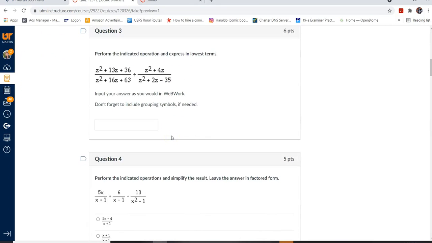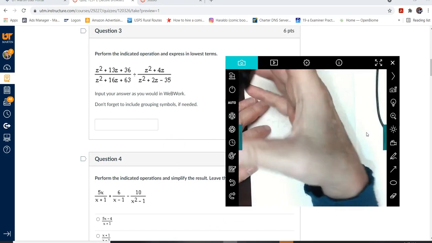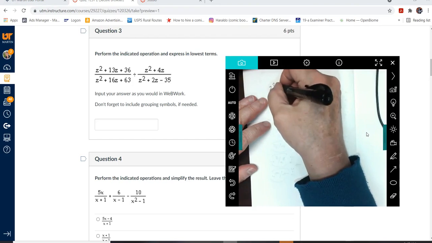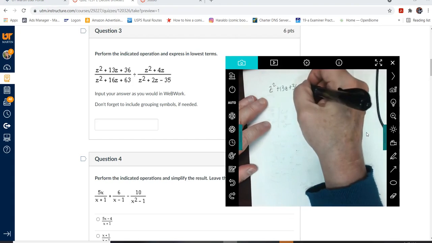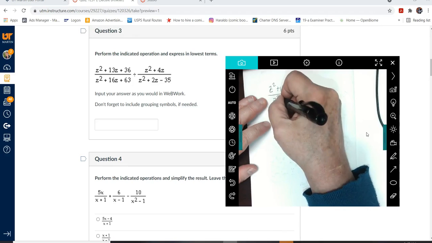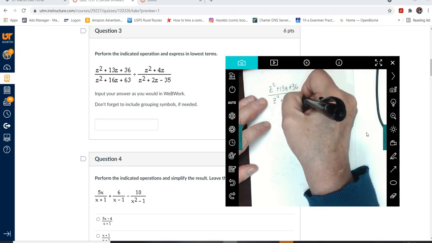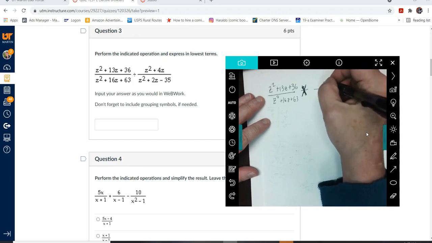Alright, so for number 3, continue with that. And then that's a division sign. Okay, so if there's a division sign, you change it to a multiplication sign, and then you multiply it by the flip, the reciprocal.